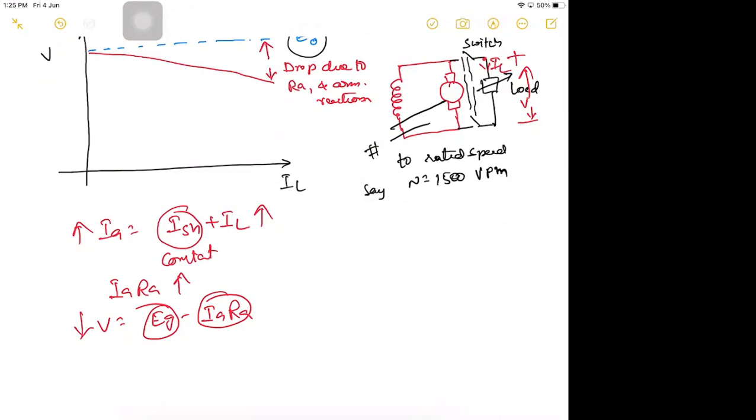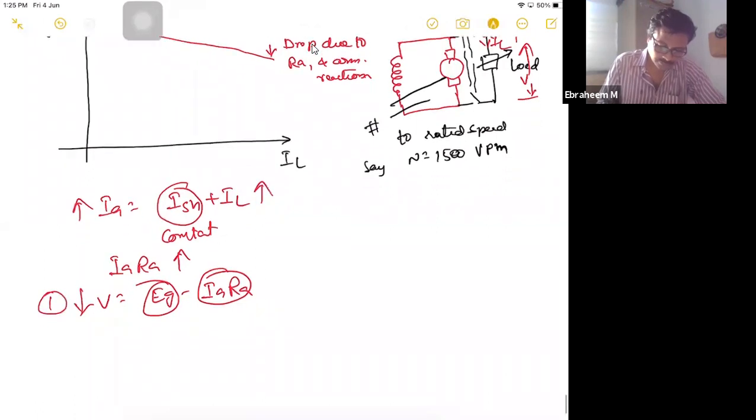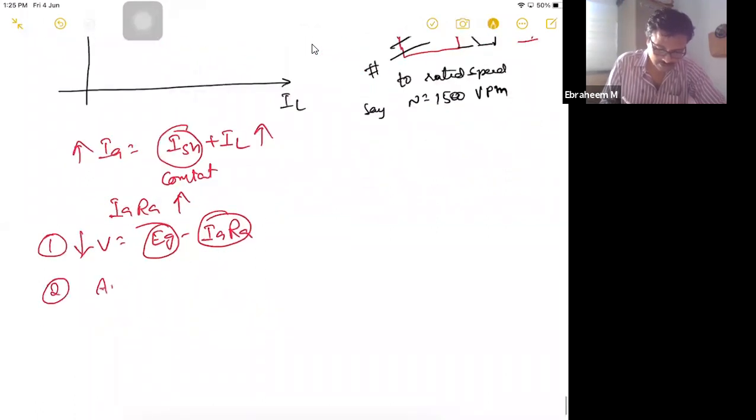So the reduction in the terminal voltage is because of IA RA. This is one reason. The second reason is armature reaction.